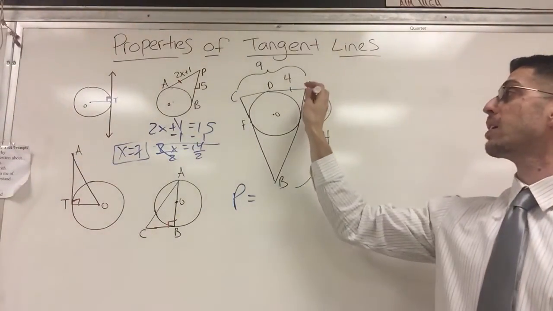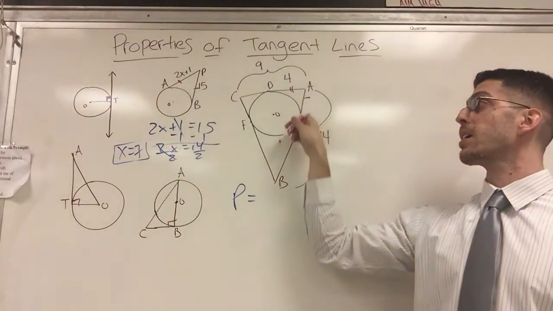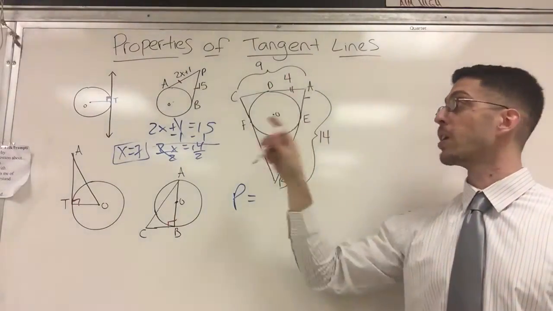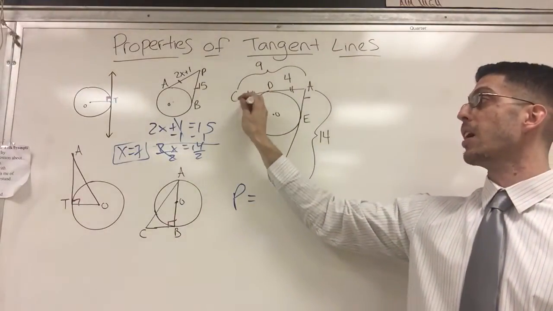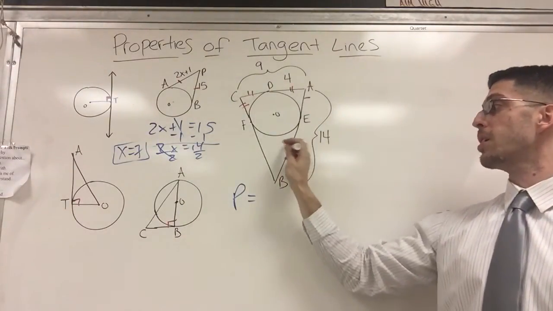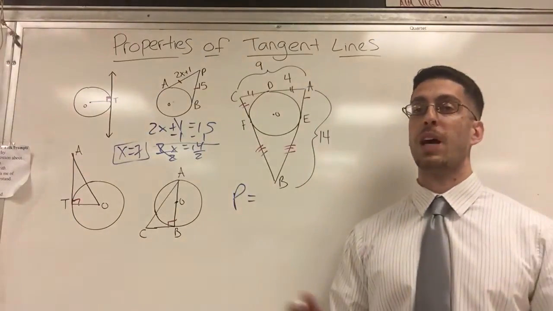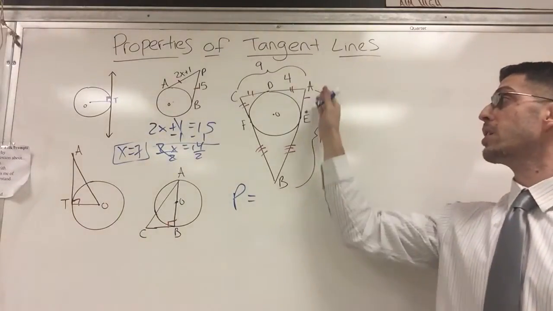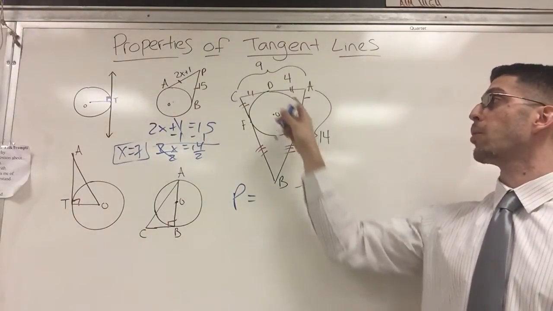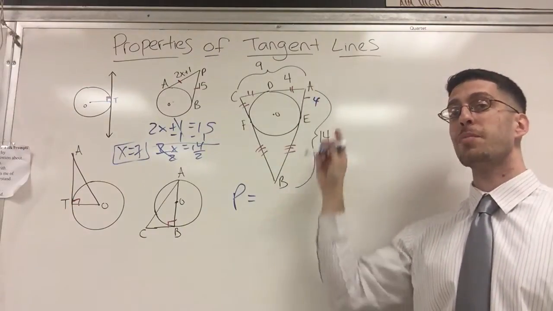A to E is congruent to A to D. Those two are congruent. Now look at C. C to D is the same as C to F. And finally, E to B is the same as F to B. Now we have to start doing some clever mathematics. If this whole thing is 14, and this is 4, this has got to be 4. The whole thing is 14, 14 minus 4 is 10.